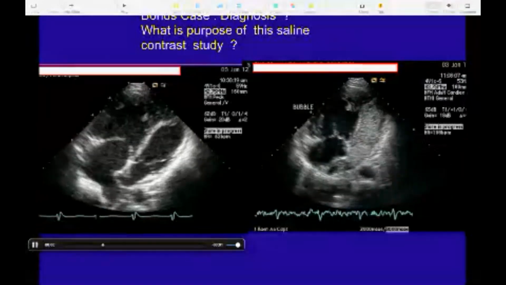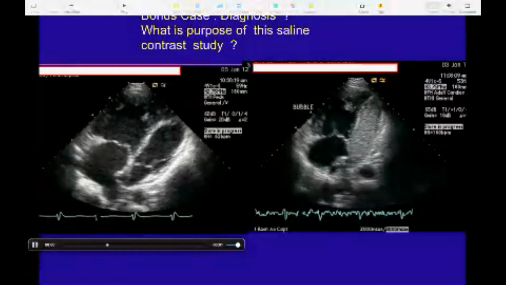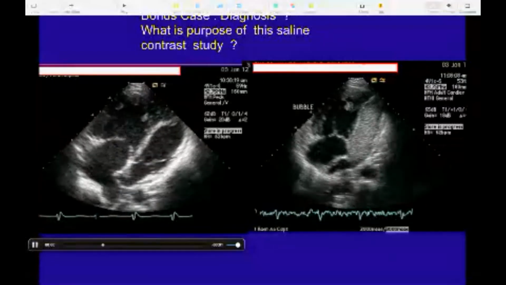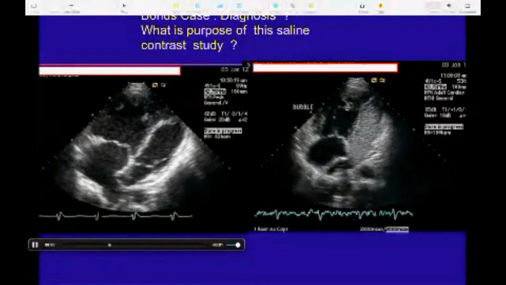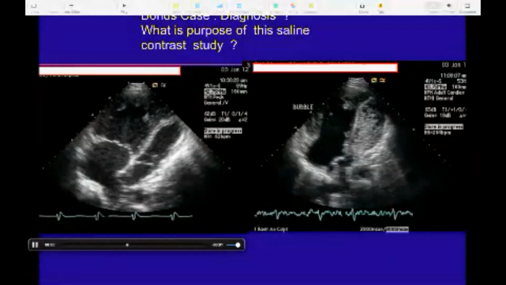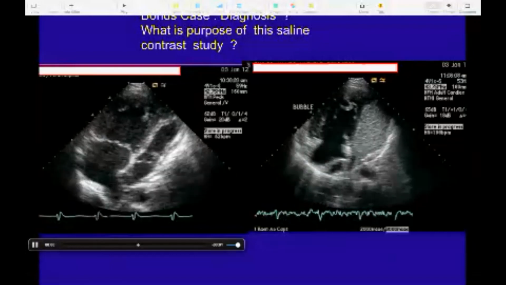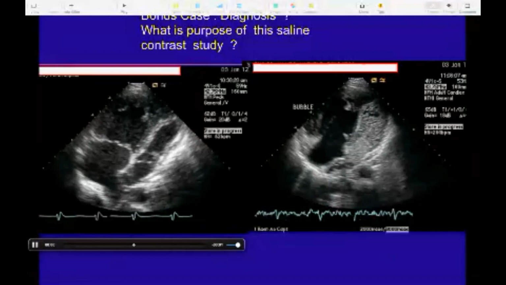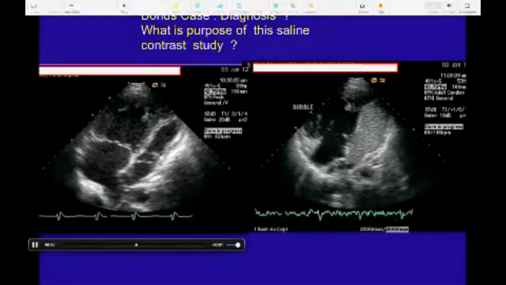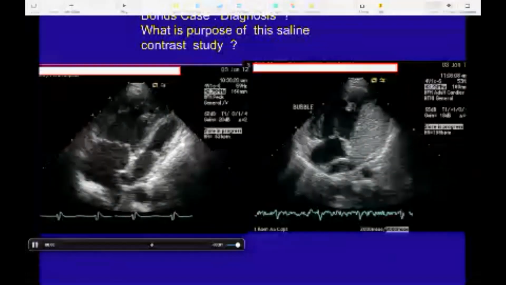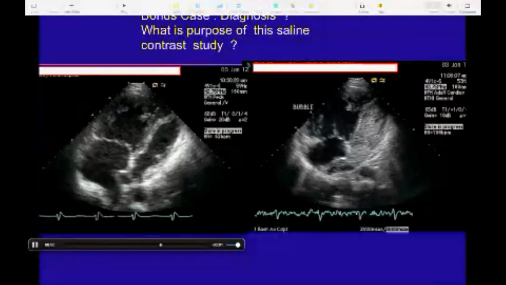And then on the right side, you see the atria opening with the valve into the chamber. You can see that this valve is more apically placed than this valve. So we know that this is the tricuspid valve, which means automatically this has to be your right ventricle. Which means this is your left atrium opening via the mitral valve to the left ventricle. So there is atrioventricular concordance on both sides.